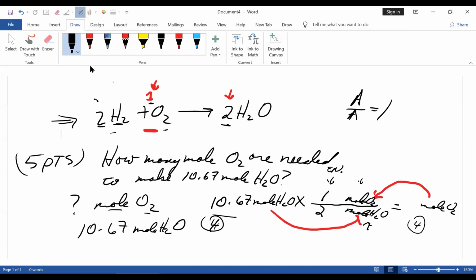Remember, anything divided by itself is number 1. Moles of water divided by moles of water become 1, cancel out, and I'm left with just moles of oxygen, which is what I want. And let me remember what I did. And it's time to go to my calculator.